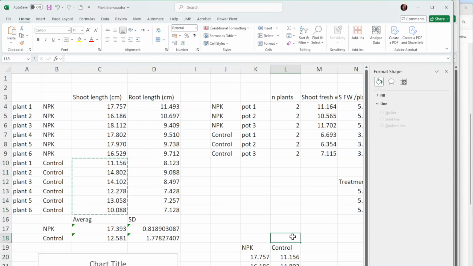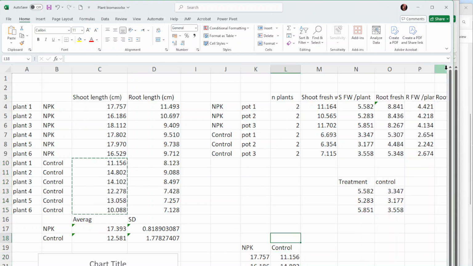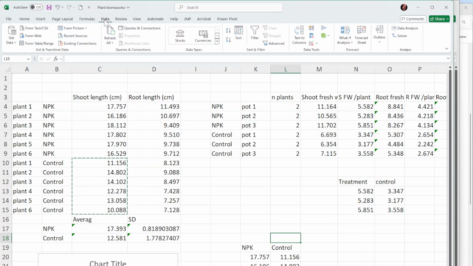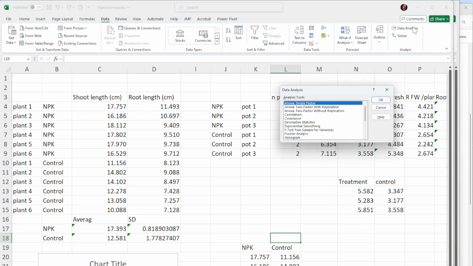Next, you go into data on the top and select the option that says data analysis. When you go to data analysis, you choose ANOVA single factor, and you press OK.